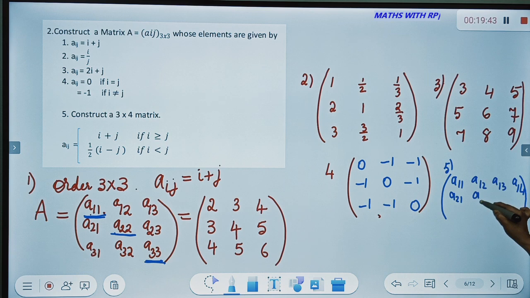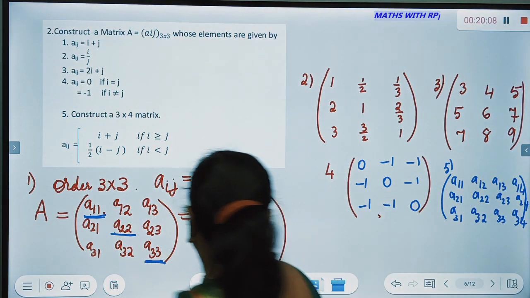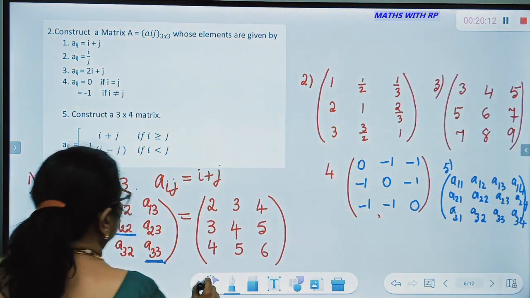So A22, A23, A24, A31. Okay, now how are the elements defined? If i is greater than or equal to j, so each one we will write down each of these elements.